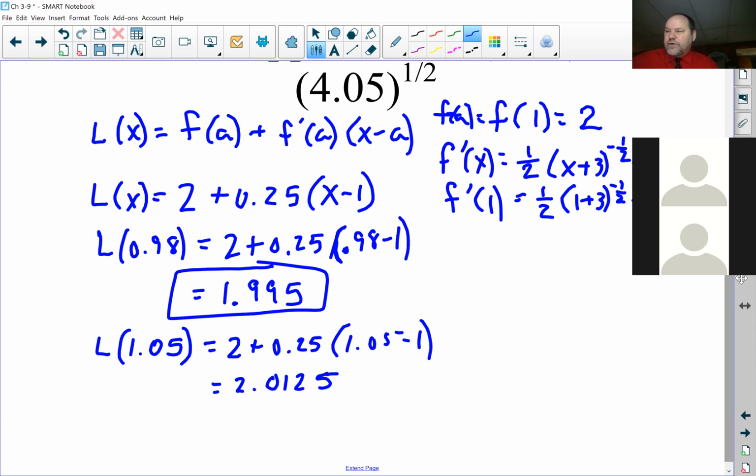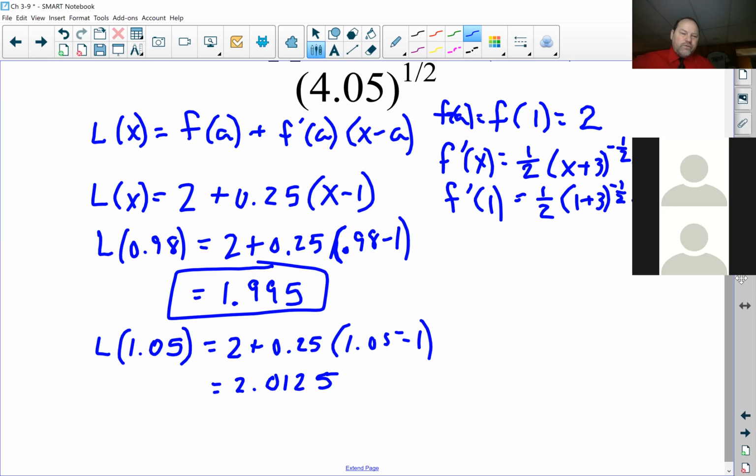And again, that approximation, 2.0124618 on the calculator. So within 4 100,000ths of the actual.